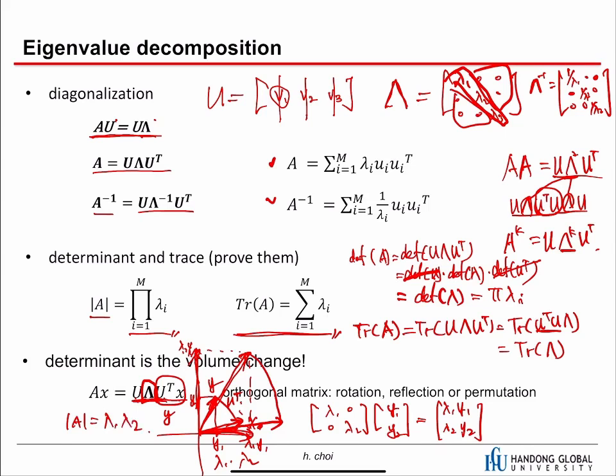I just wanted to show you that lambda 1 times lambda 2 is the change of volume, the change of area in two-dimensional space, which is the determinant of A. Okay, so this is quite an important message. The determinant of a matrix is the volume change of that matrix transformation.